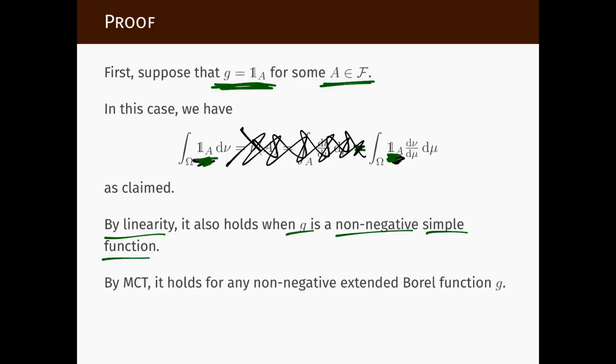Well, we don't really need it to be non-negative, but that's enough, because now we can take by monotone convergence theorem, and by the fact that functions can always be approximated from below by non-negative simple functions, we can take a limit on both sides, and this will hold for every function g. And this concludes the proof of the proposition, and this concludes this video lecture.